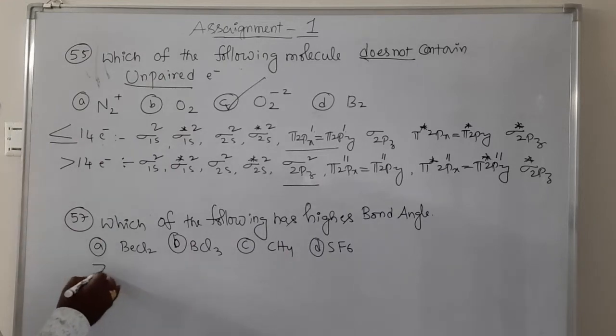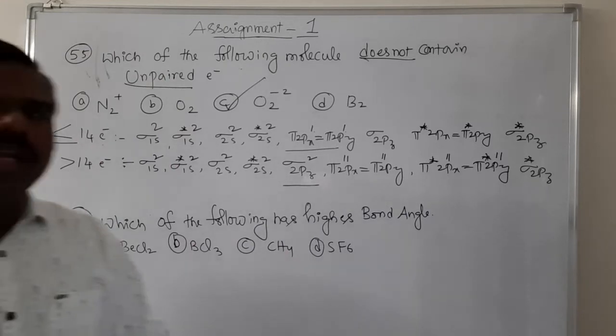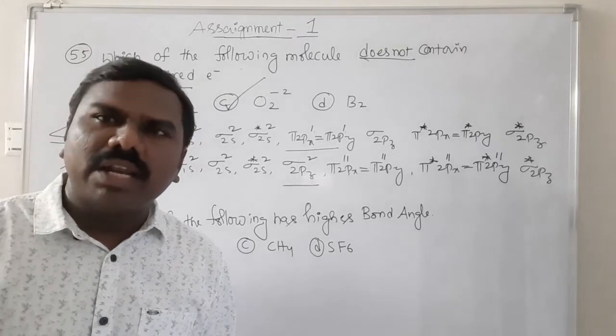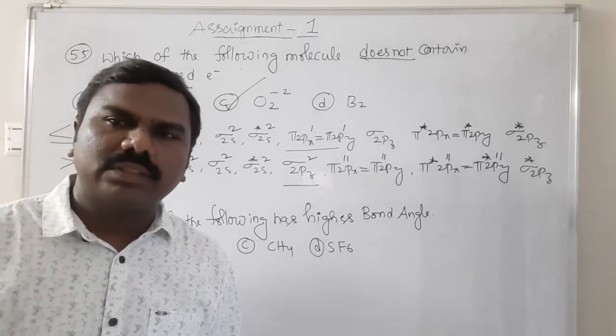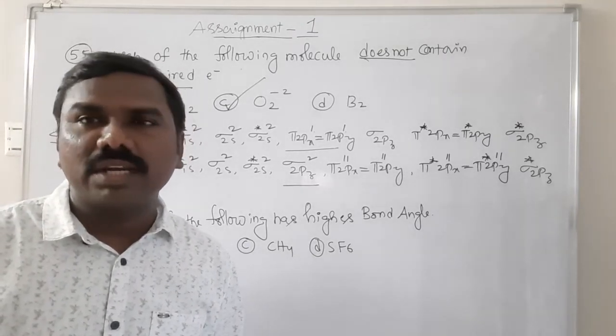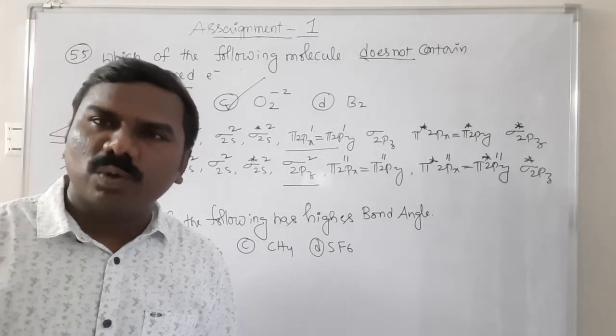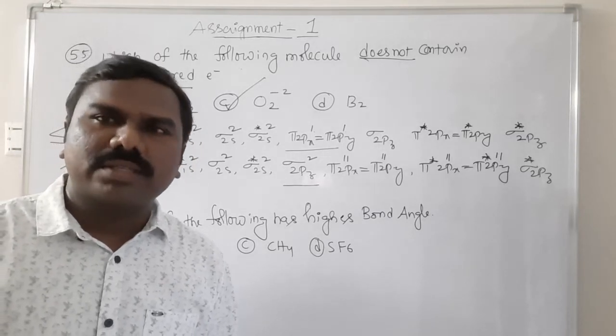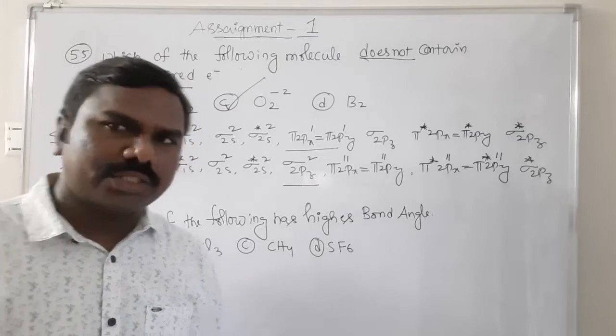For hybridization, Z, I gave the formula already in the previous question. Z is equal to half into valence electrons of the central atom plus monovalent atoms plus anion charge minus cation charge.